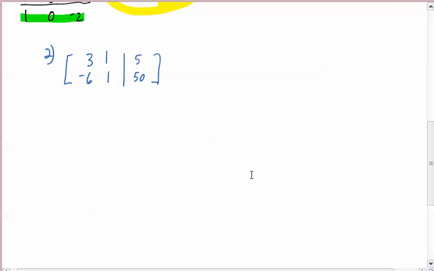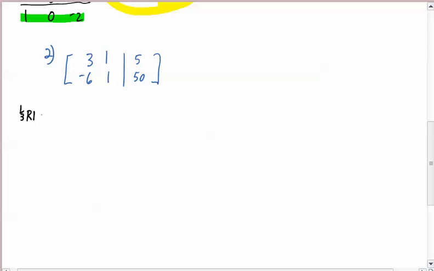Alright, so this time it'll be a little easier for you. We're going to create a 1 right here. I'm going to take a look at that one. I'm going to go ahead and take row 1, and I'm going to divide by 3.